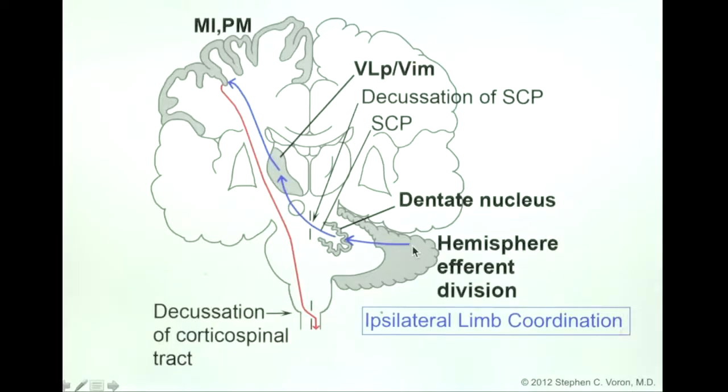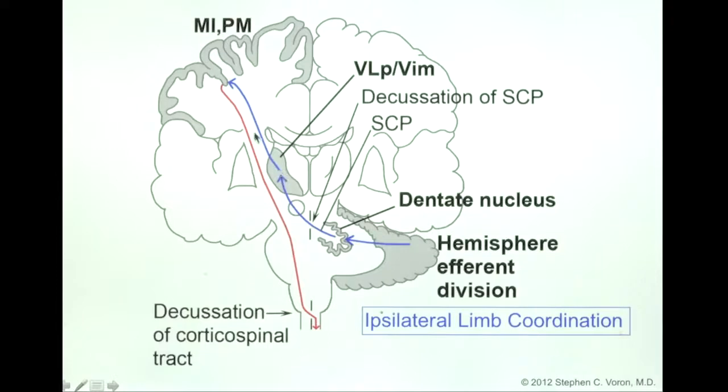So maybe it's easier to see this in a schematic. If we have cells in the cerebellum connecting with the deep cerebellar dentate nucleus, and those neurons then crossing through the decussation of the superior cerebellar peduncle up to the ventral lateral region of the thalamus, and other neurons continuing up to the motor and premotor areas of the cortex, the ultimate event that happens with this consultation with the cerebellum is coming down through the corticospinal tract, our most important motor pathway.